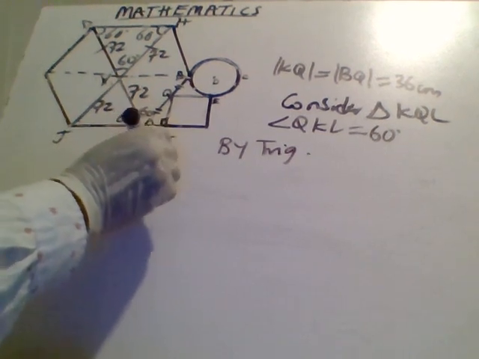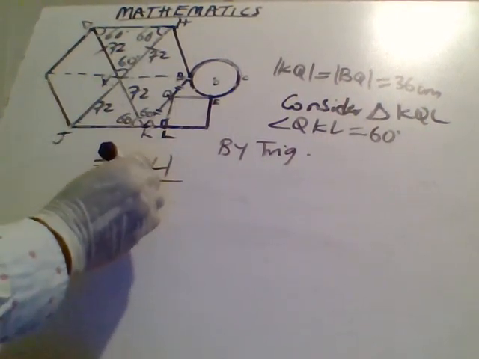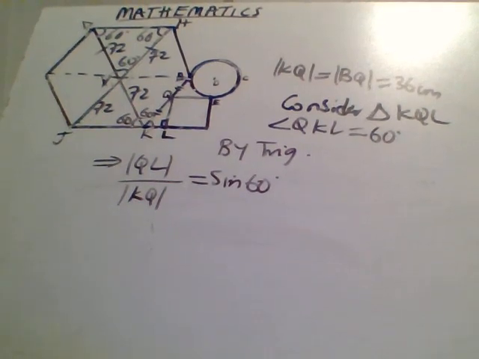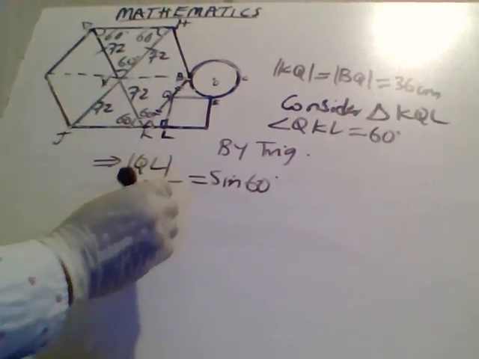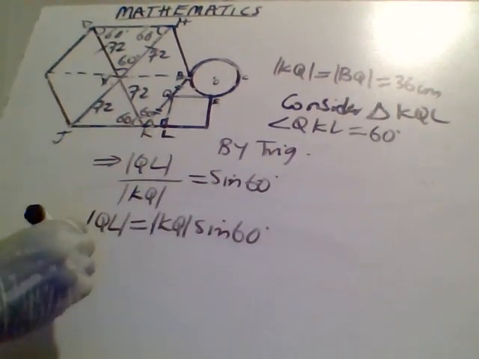We have that QL divided by KQ is equal to sin 60 degrees. So if you cross multiply, we have QL to be equal to KQ sin 60 degrees.